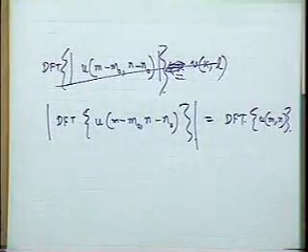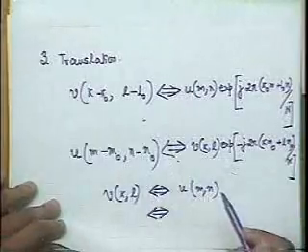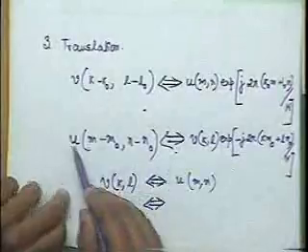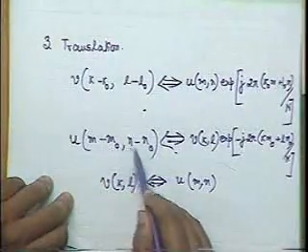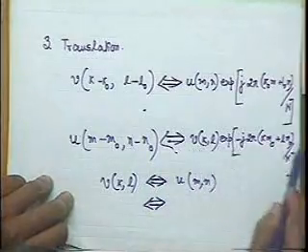Any further questions, doubts? So this third property which we have just now seen is the property of translation. Now one very important and interesting result from this: u(m minus m0, n minus n0) has the transformation pair V(k,l) multiplied by this exponential term.